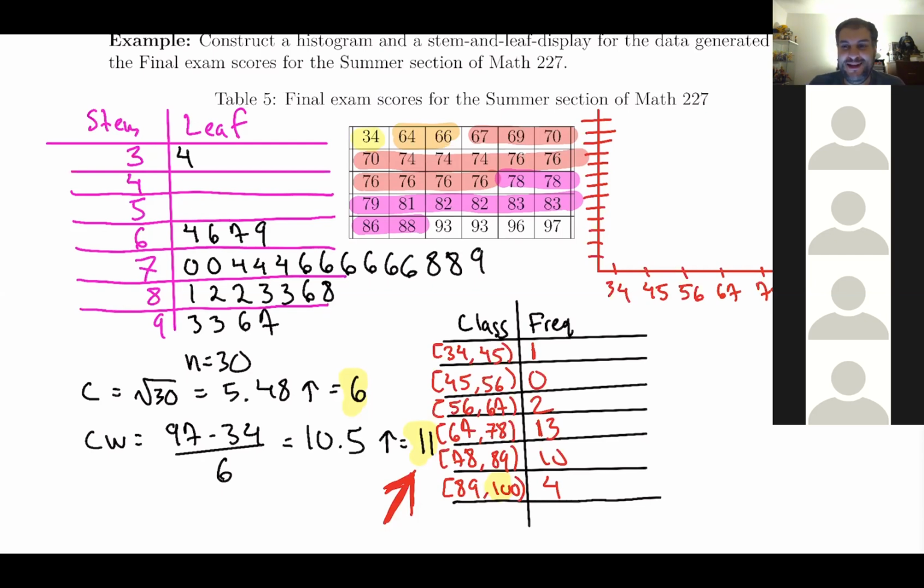All right, so let's go ahead and draw this. If you look at the first one, 34 to 45 is 1. So we put 1 right there. 45 to 56 is 0, so we could skip that. 56 to 67 is 2. 67 to 78 is 13.